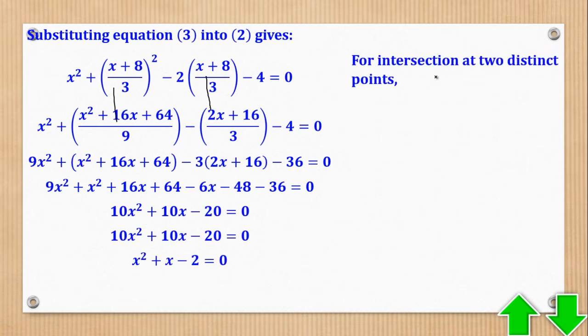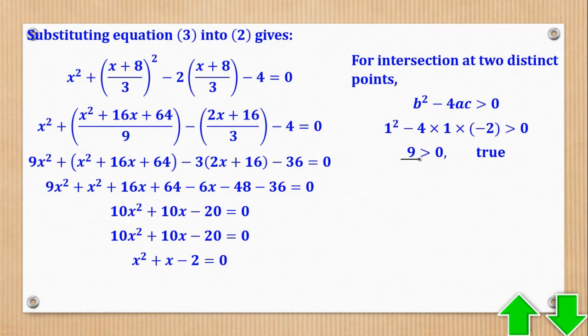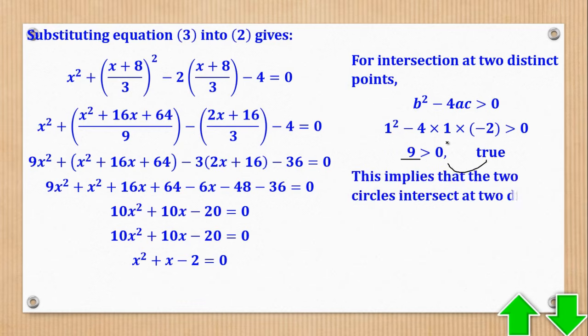So for intersection at 2 distinct points, it implies that the discriminant is greater than 0. Therefore, A is 1, B is 1, and C is negative 2. So substitute for A, B, and C. Then 9 is greater than 0, which is true. Because it is true, it implies that the line cuts the circle at 2 distinct points.